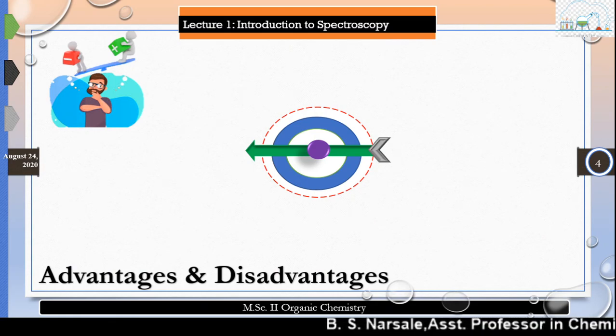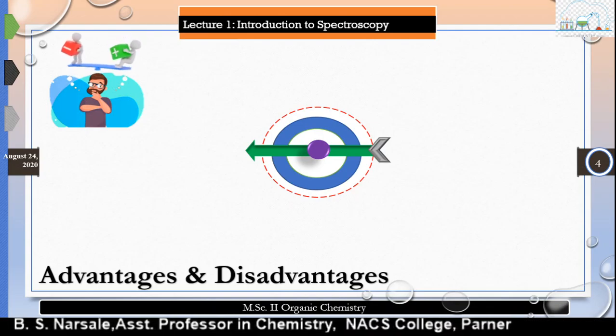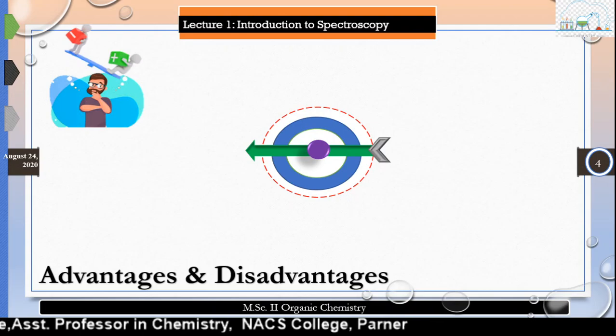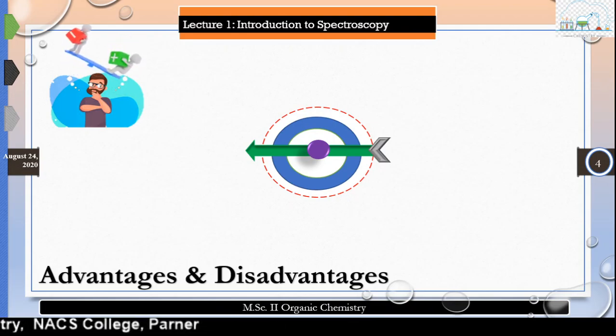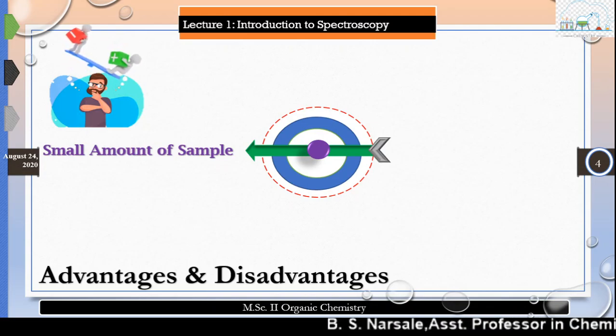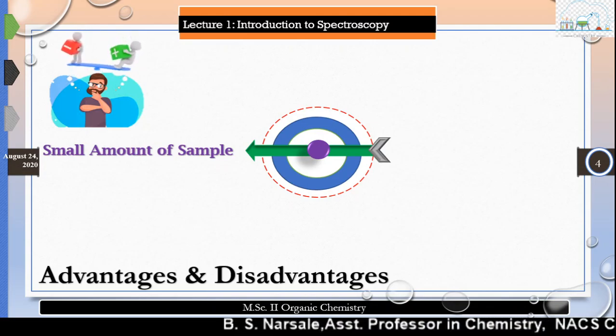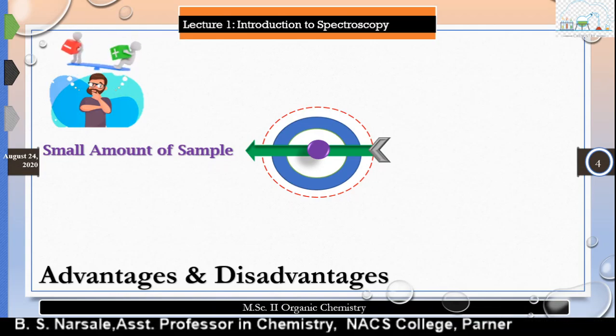Look at some advantages and a very few disadvantages. The first advantage of the spectroscopic technique is you require a very small amount of sample. In microgram sample quantity, you can easily get analysis.